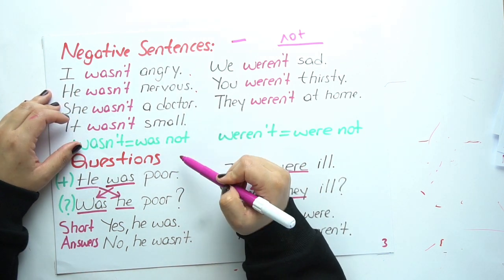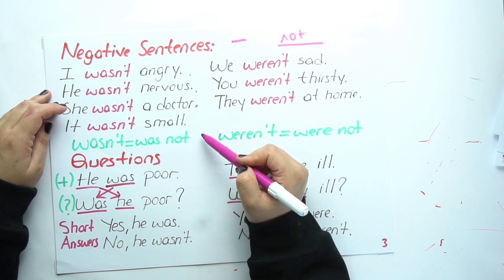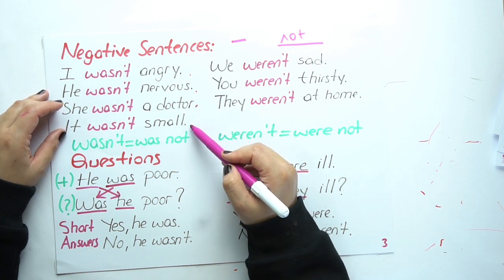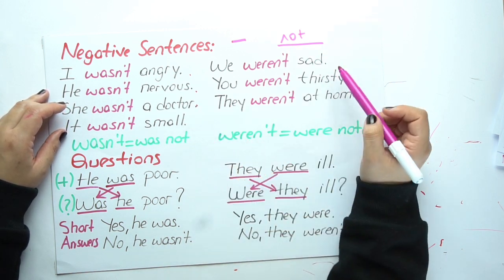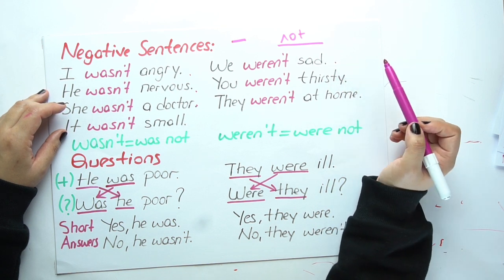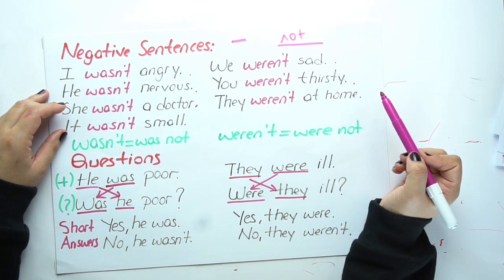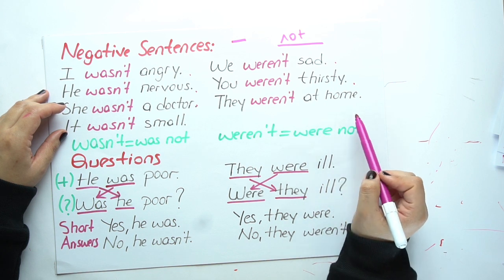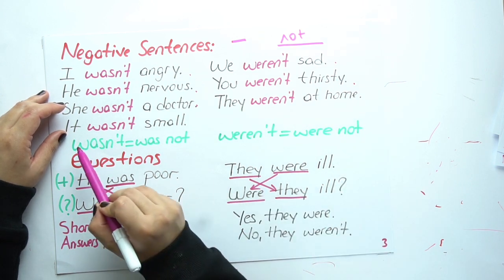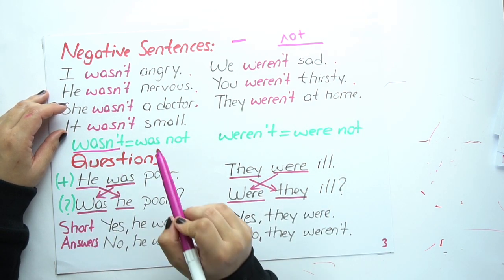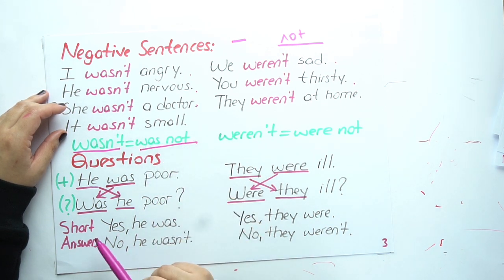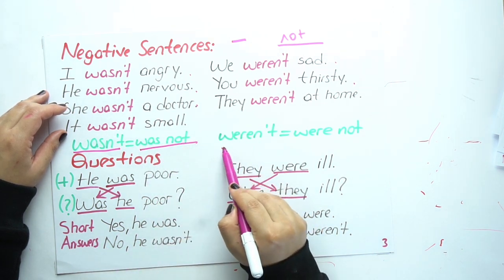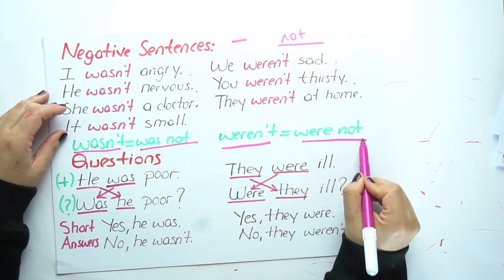He wasn't nervous. She wasn't a doctor. It wasn't small. We weren't sad. You weren't thirsty. They weren't at home. As you see, was not equals wasn't, and were not equals weren't.